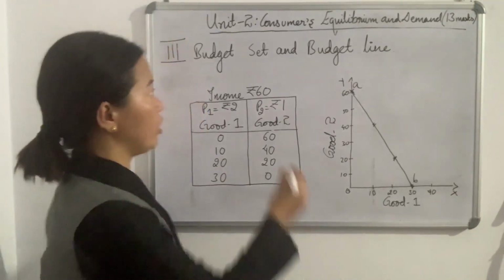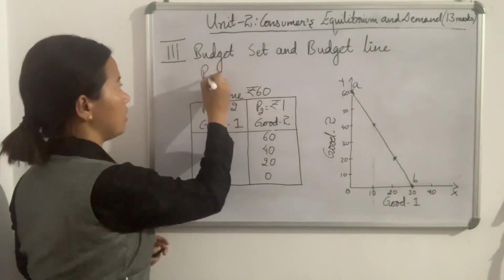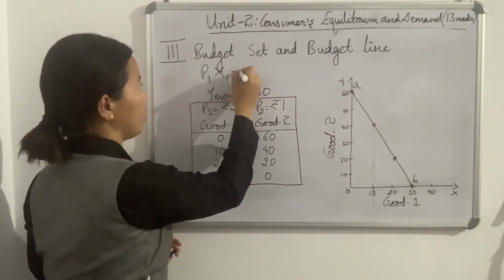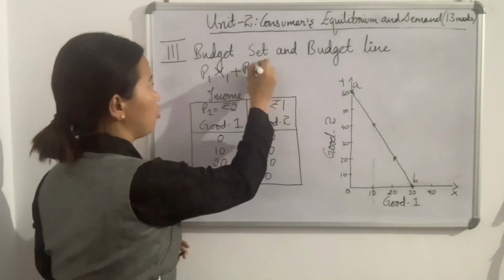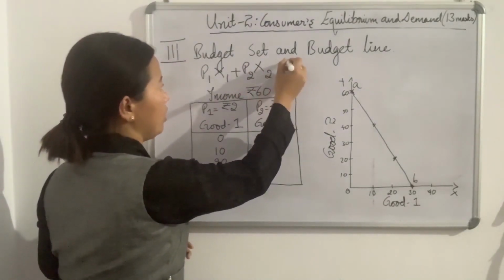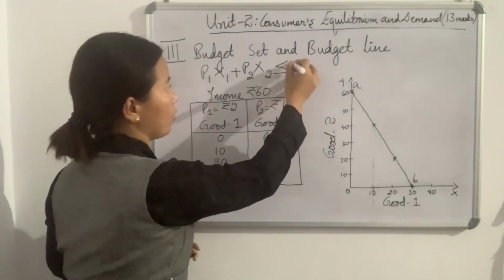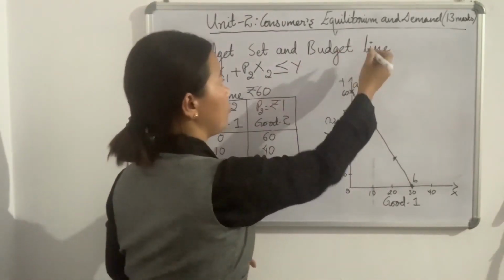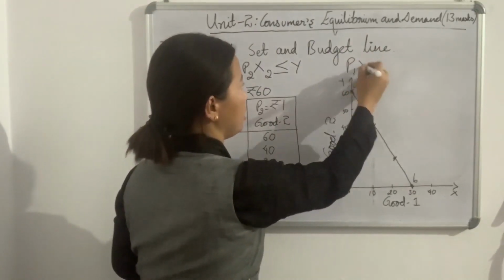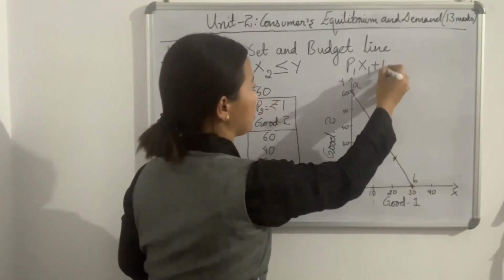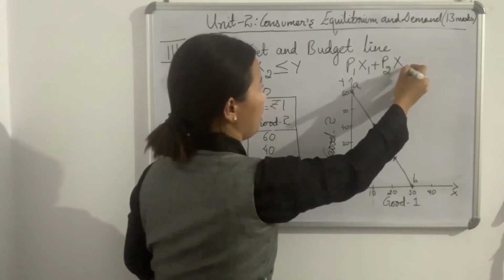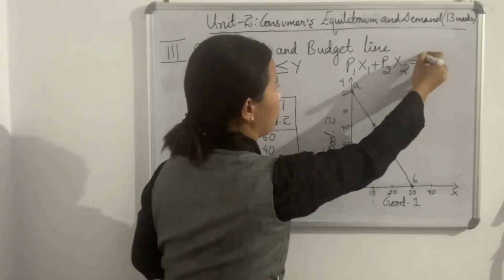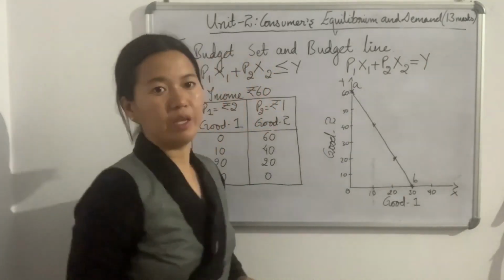So the equation for the budget set is P1 x1 plus P2 x2, which can either be less than or equal to your income. And the equation for the budget line is P1 x1 plus P2 x2, which should be equal to your income.